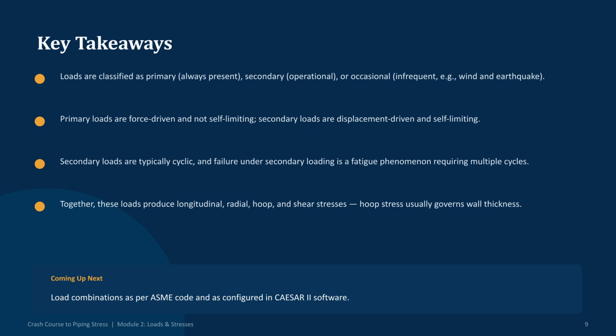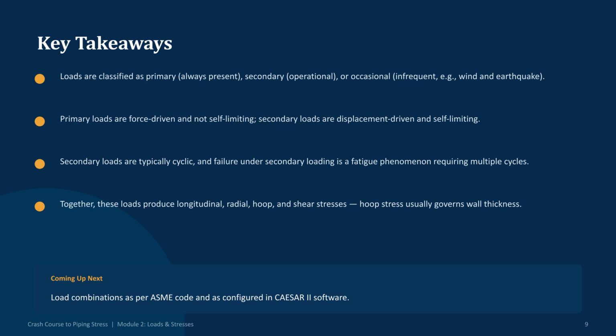1. Every load on a pipe is either primary, always there, like weight and pressure; secondary, tied to operating conditions, like thermal expansion; or occasional, rare events, like wind and earthquakes. 2. Primary loads push from force and never let up, even as failure starts. Secondary loads push from displacement, and they ease off on their own as the pipe flexes. 3.